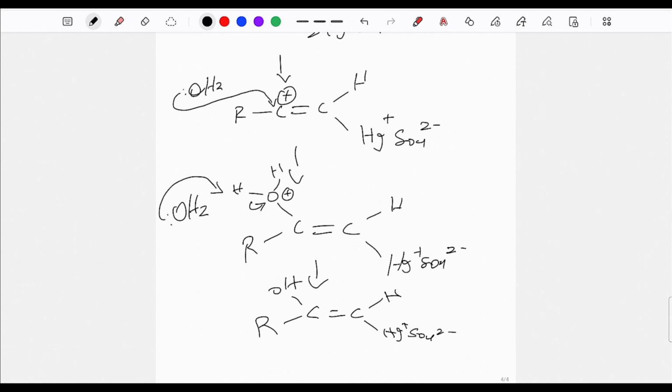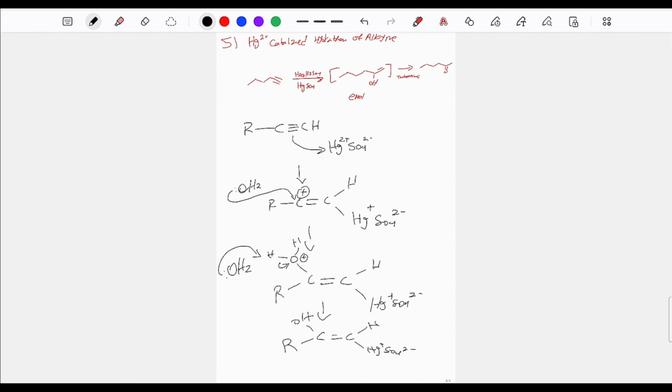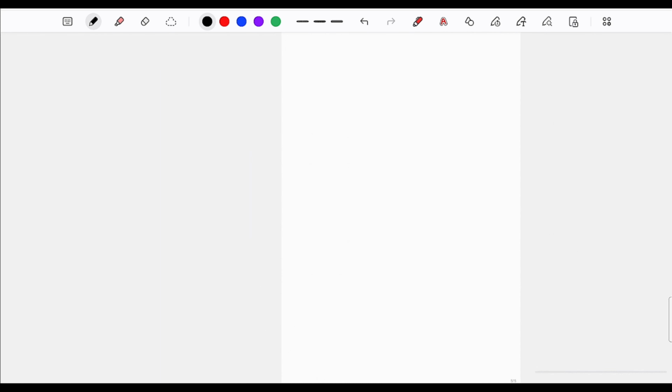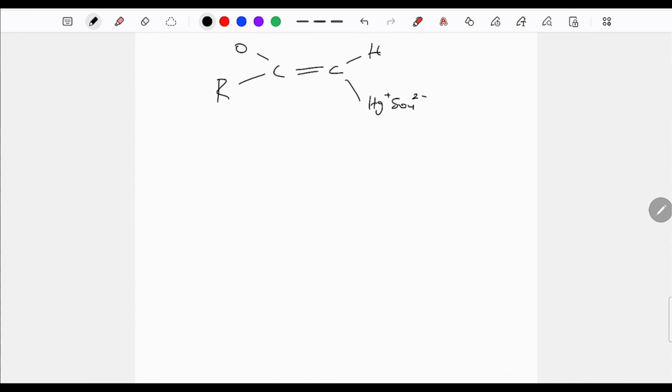The question becomes, how can I get rid of my organomercury compound? So to continue the mechanism, I'm going to go over to the next page, just because I've run out of space there. But do remember, we had our carbon doubly bonded to this carbon. There was the hydrogen, there was the mercury plus SO4 2 minus, and we had our alcohol.